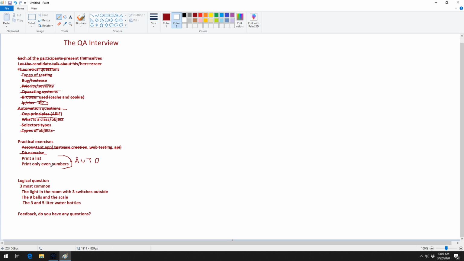Also here we have print only even numbers. I want to know how much information he knows about automation, not necessarily a specific language, but mostly about syntax, about concepts, about principles, about everything that can be used in a real life scenario.